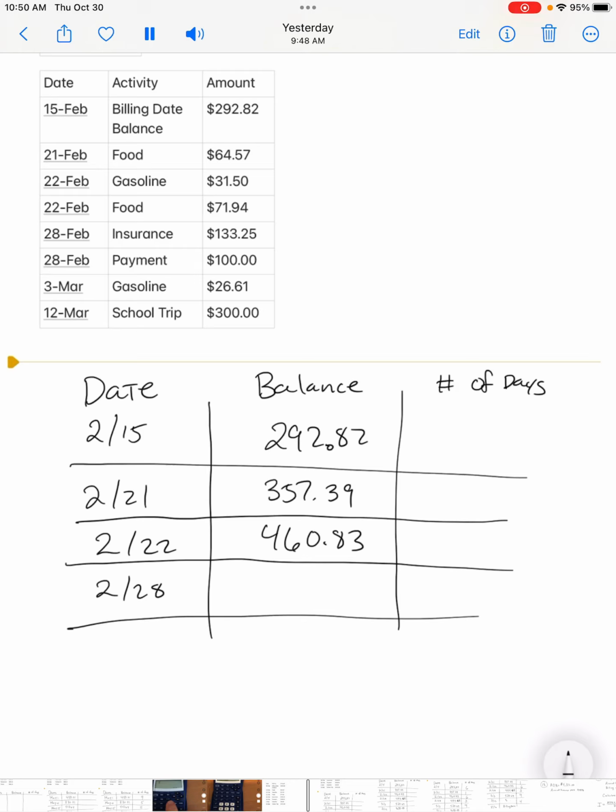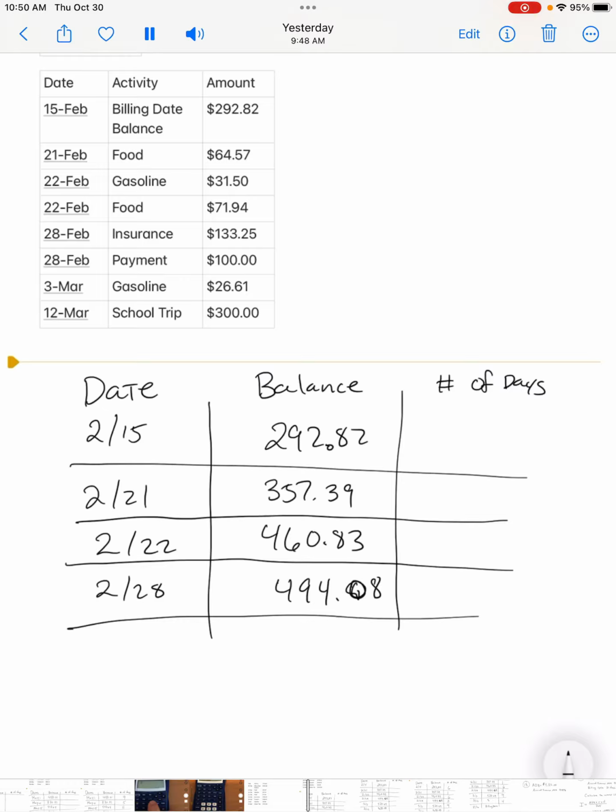We paid for insurance, and we also made a payment. So we add the 133, we subtract the 100, and it adjusts our balance up, because you spent more for insurance than you made for a payment. So it increases it by $33.25. And so now we're at $494.08 for those days on that February 28th.